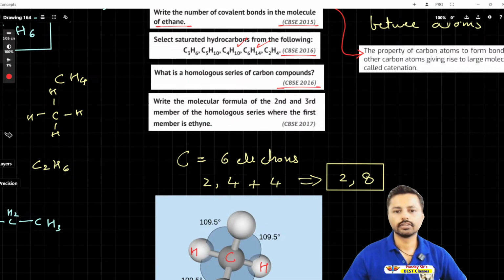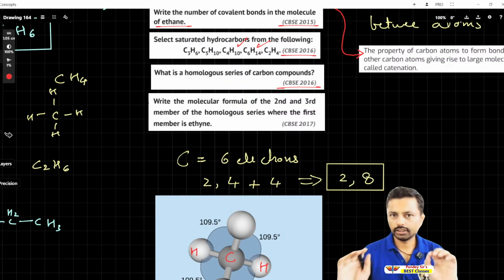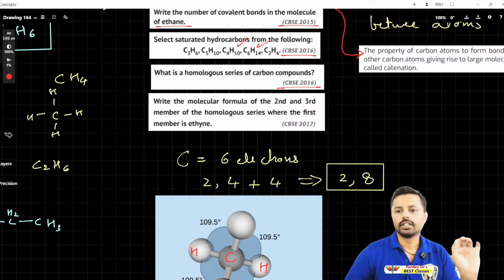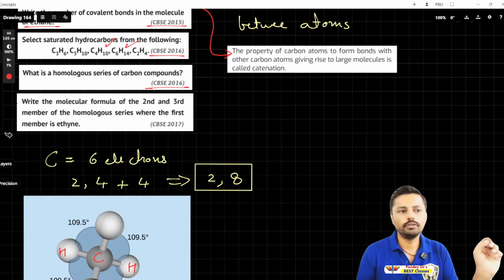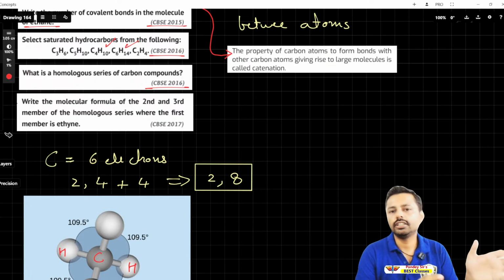So where was I? I was about to tell you about the homologous series and family. In a homologous series, listen very carefully. There is one small thing, and if you understand it now you will not get confused again. Simply, there are ane, ene, and yne.